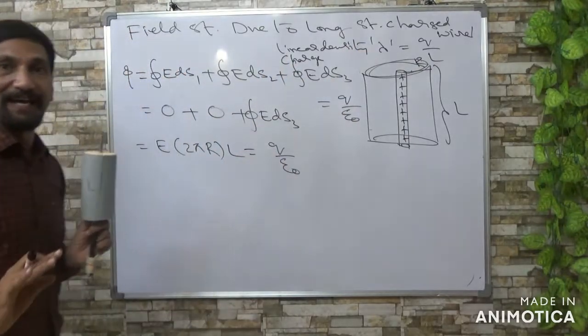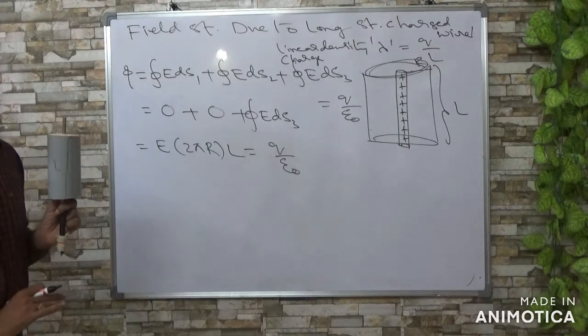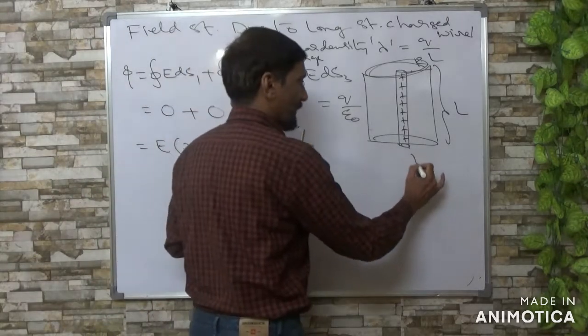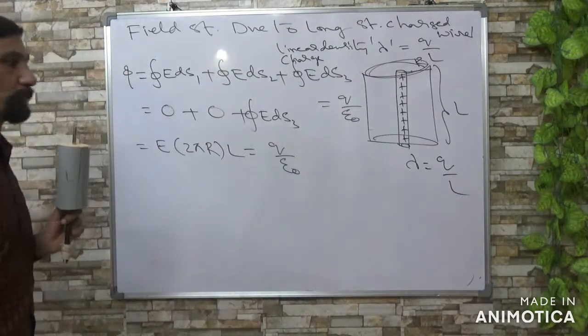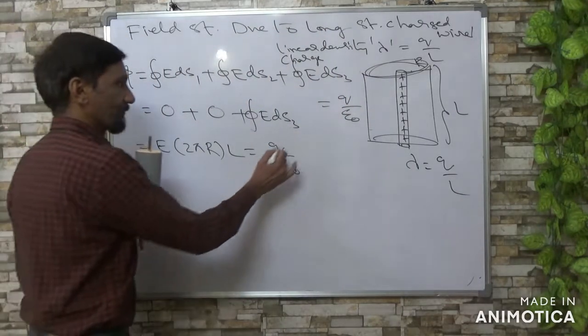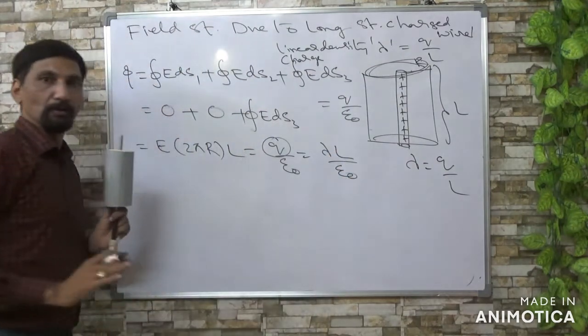Lambda is taken as linear charge density, so lambda is equal to Q by L, then Q becomes lambda L by epsilon naught.